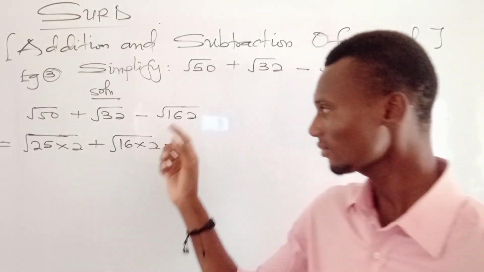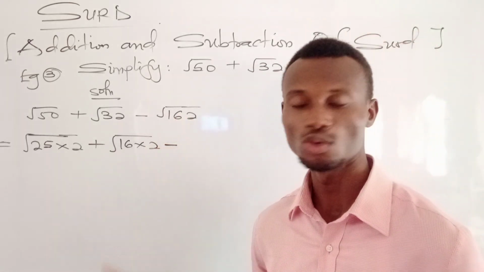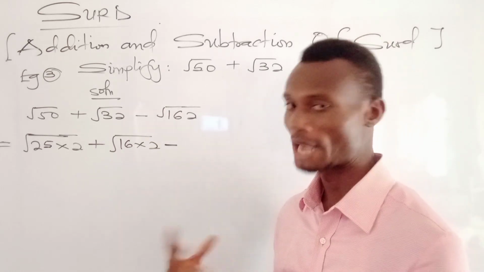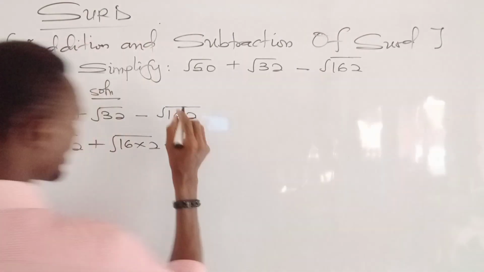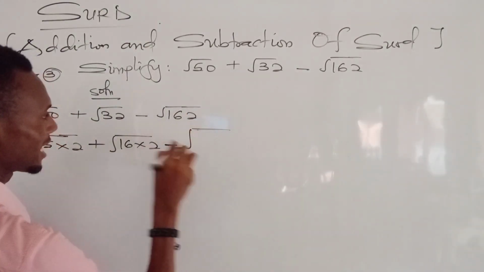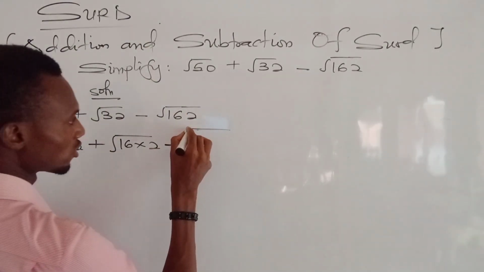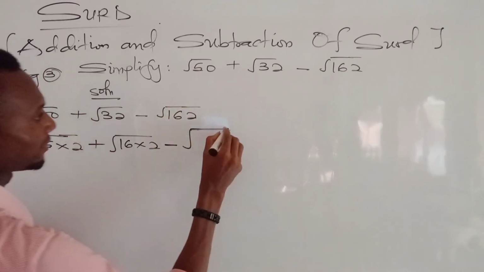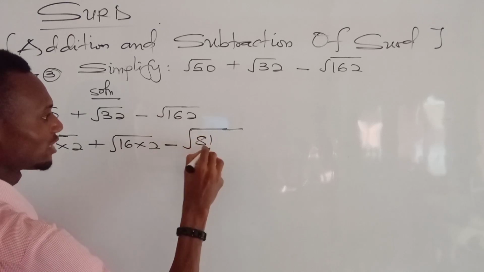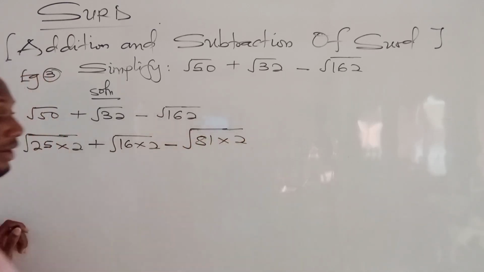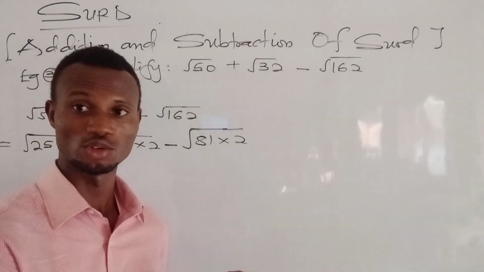So in place of the 162, we are going to write 81 times 2, or 2 times 81, which is the same thing. Bring your square root, and don't forget to bring your negative sign. Then the 162, I'm going to replace it by 81 times 2. I hope the explanation is clear enough and you understand it up to this point.